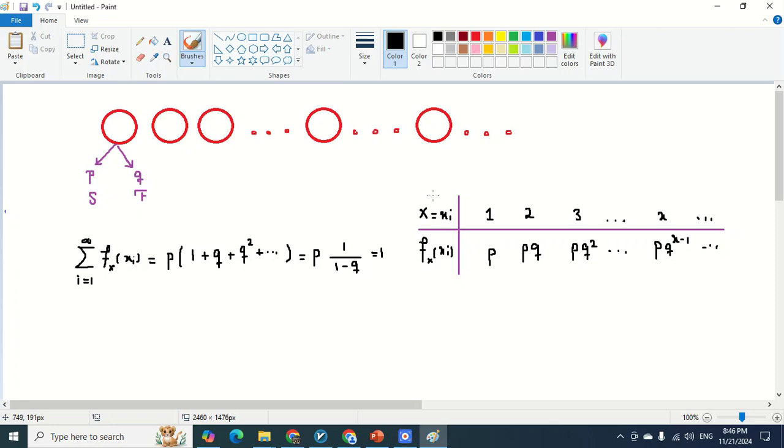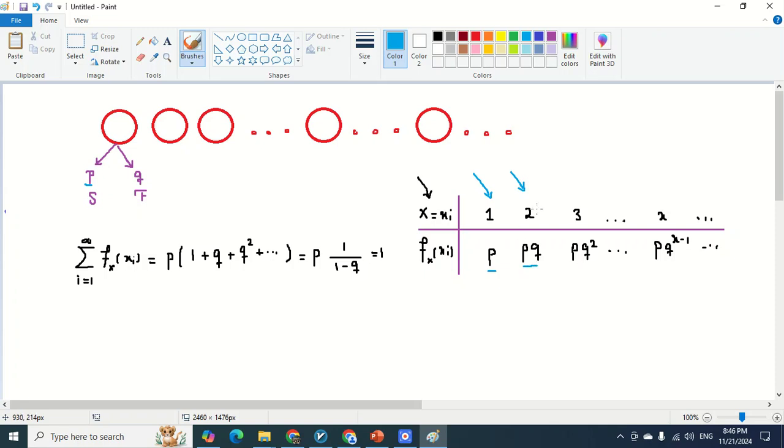And when we discuss X as a random variable, X determines the location of the first success. So the probability of getting the first success is equal to p, because the probability of success is determined in the question by p. The probability of getting the first success at the second try will be p times q.